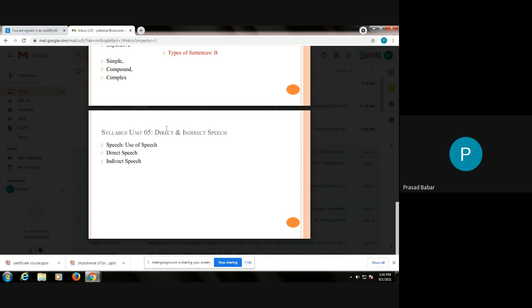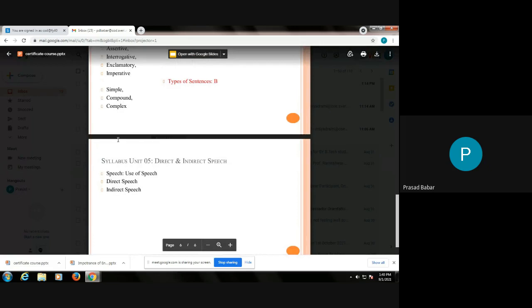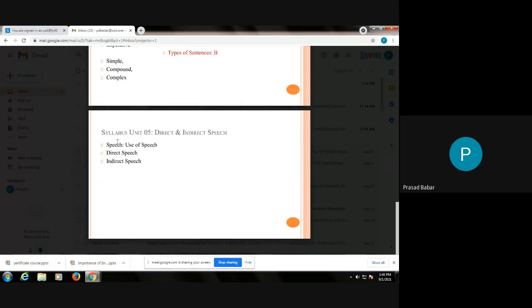But in indirect speech, there is no direct listener present, and a third person is telling about those two people or that person who is not present there.